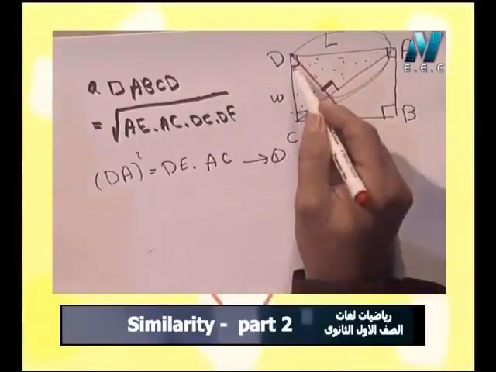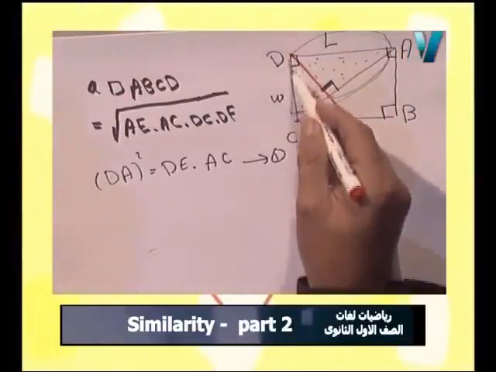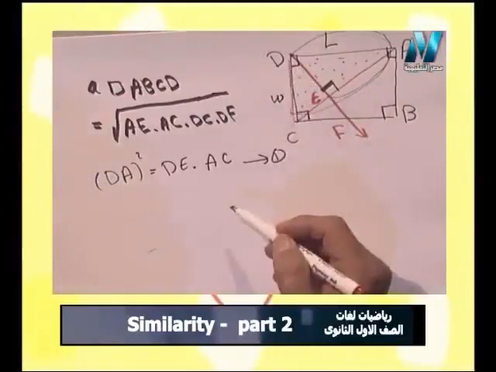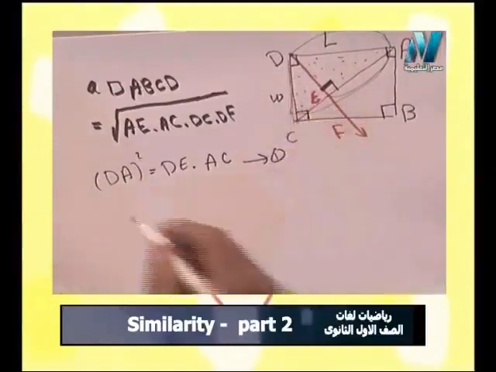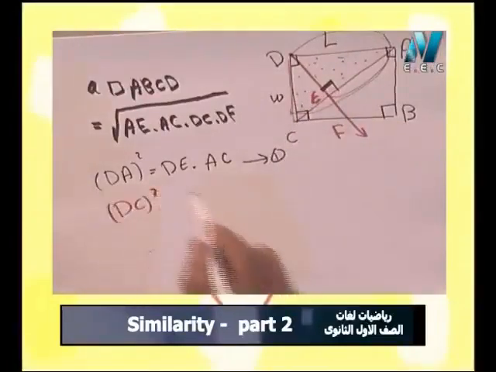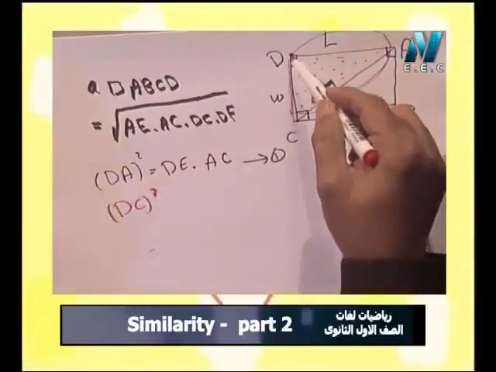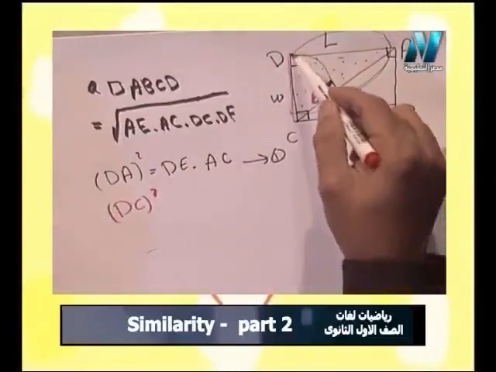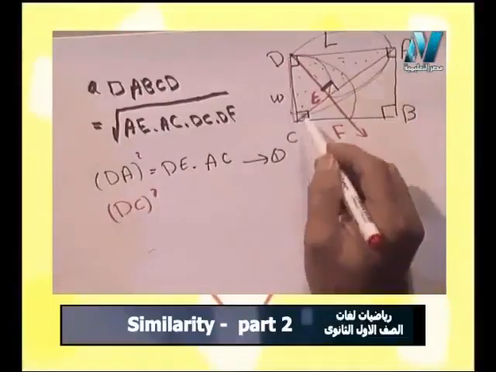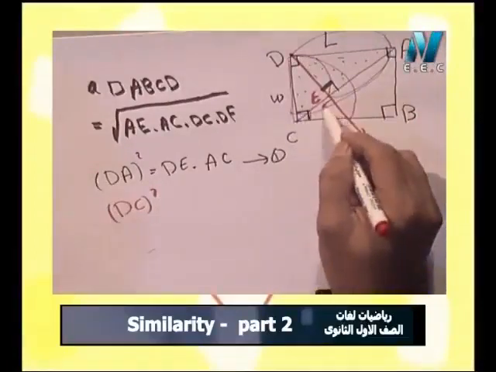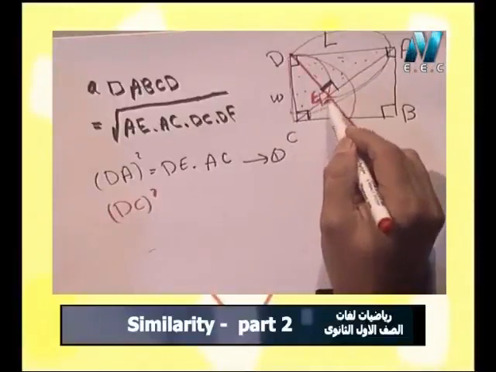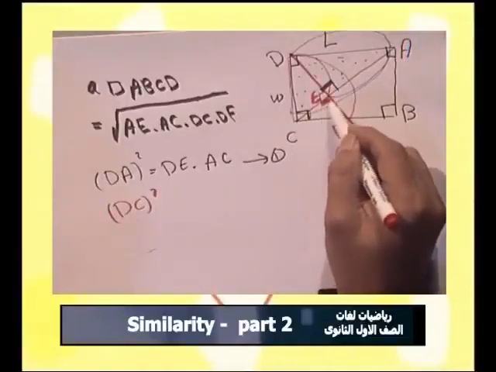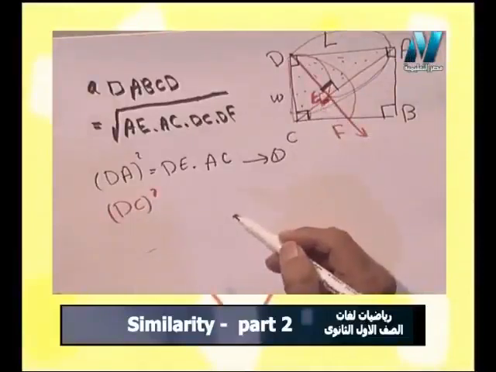And we have equation number 2. We have here DC, which is the width, and DC power 2 equals what? Equals DE multiplied by DF. Why? Because we have a right angle here and it is perpendicular here, from similarity or Pythagoras theorem.